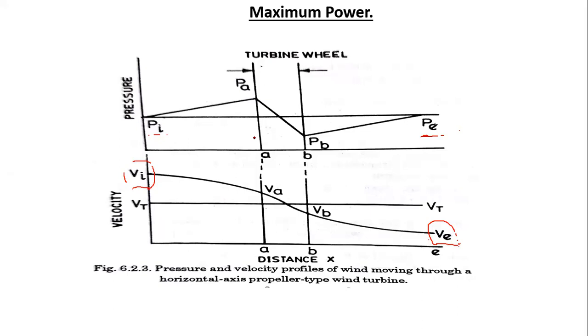So I am considering this system: the incoming air between I and A as a thermodynamic system, and the second assumption that air density remains constant.